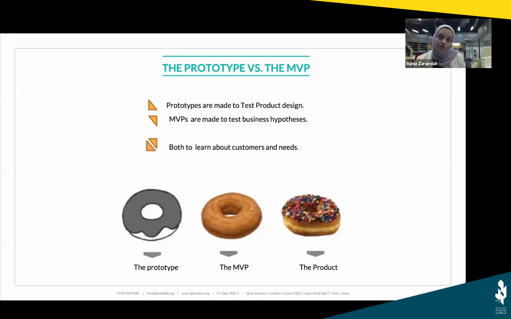Then you move into a more advanced stage, which is the MVP, where you start testing different aspects. So let's consider a perfume company. The first thing you want to prototype is the perfume bottle and the cap of the perfume.